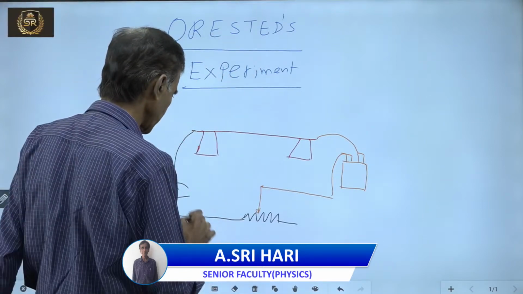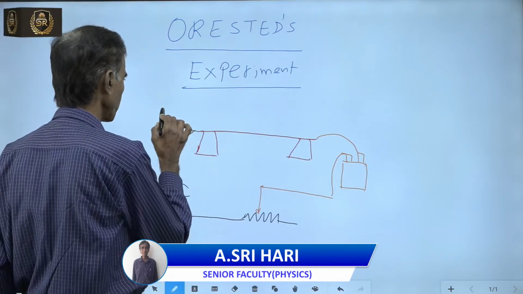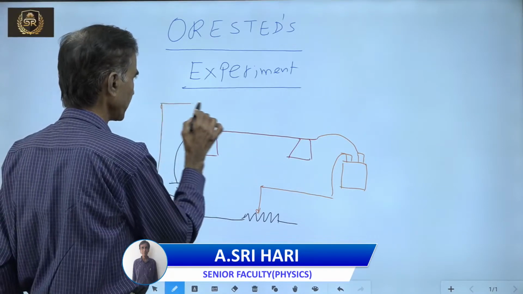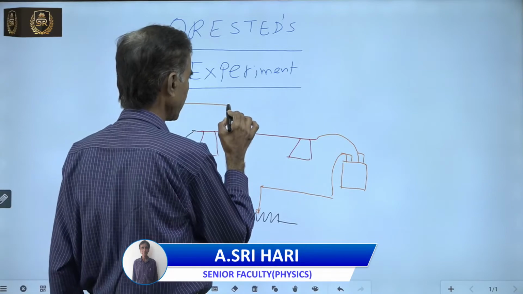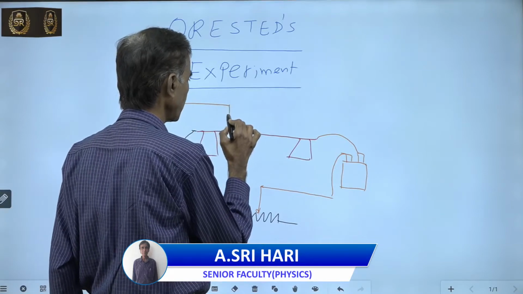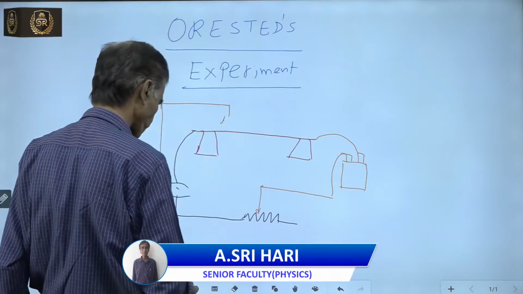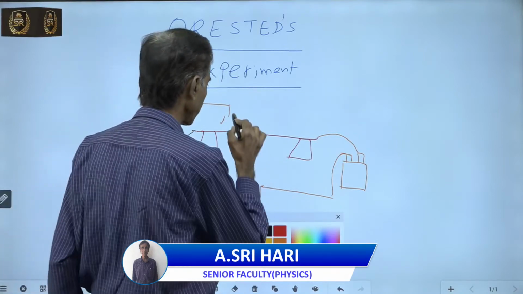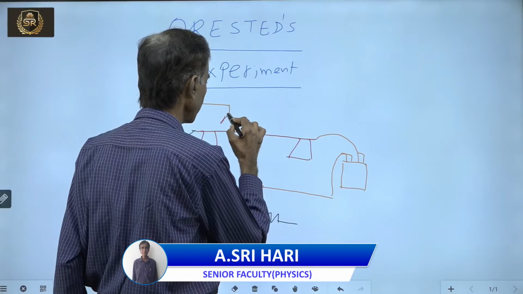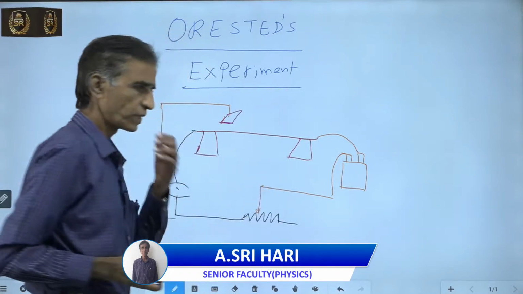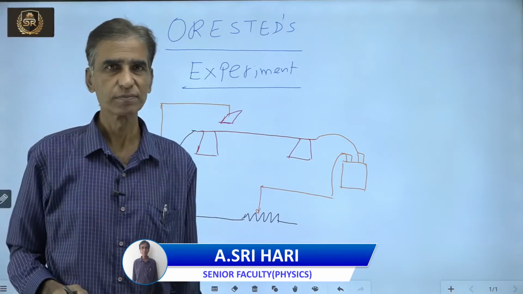Now what he has done is, on the same table he has taken one stand. So this is the stand. To this stand, through a thread, he suspended a magnetic needle.